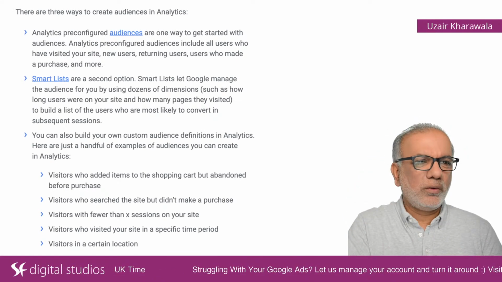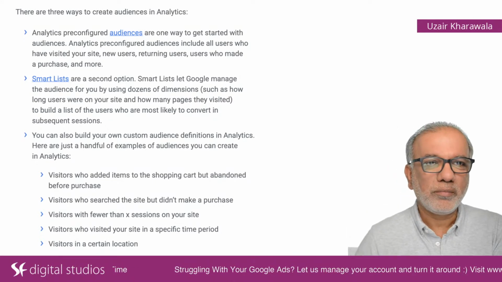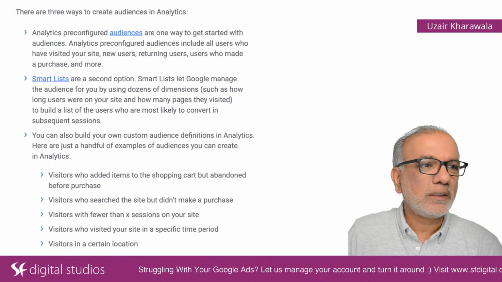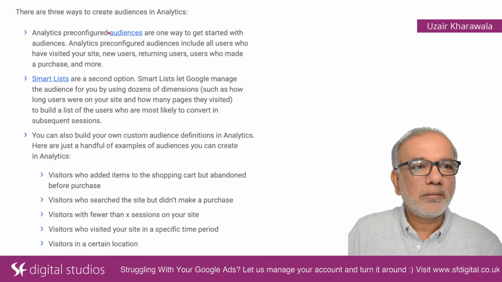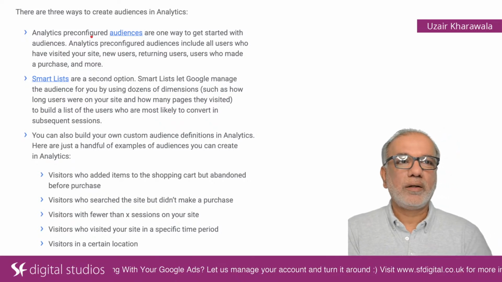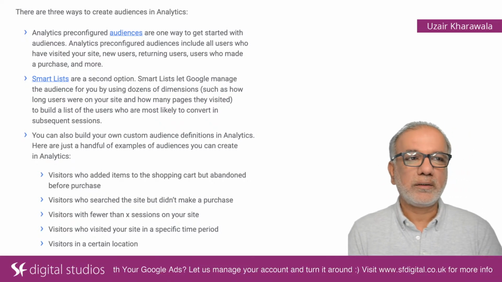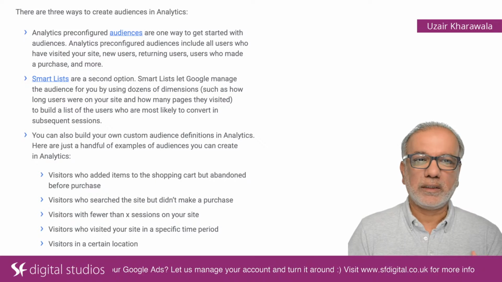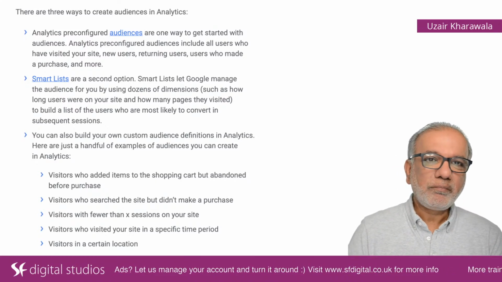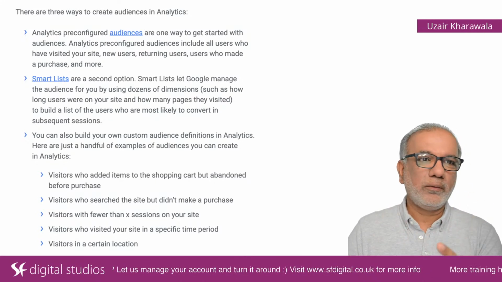I won't read the whole lot over here. You can read it afterwards, but I'll give you a brief synopsis as to what these can do. Analytics has a great number of pre-configured audiences to get you started. So you've got all visitors, returning visitors, new visitors to the website, and so on. They're all pre-built, so you don't need to do anything.